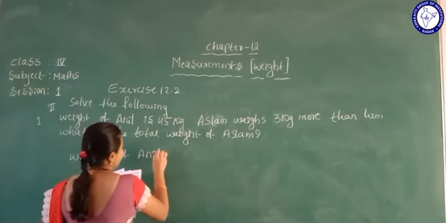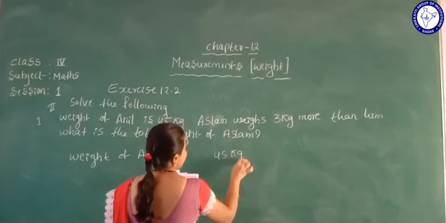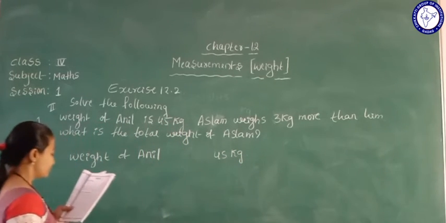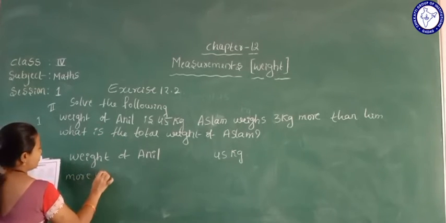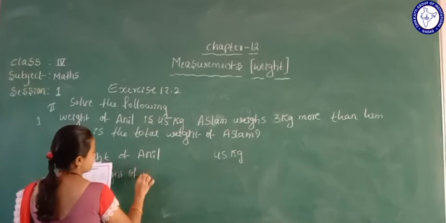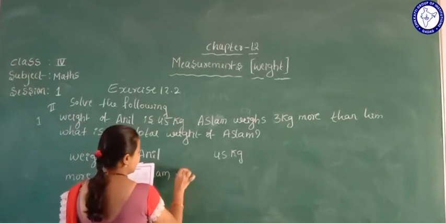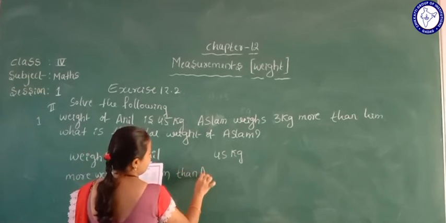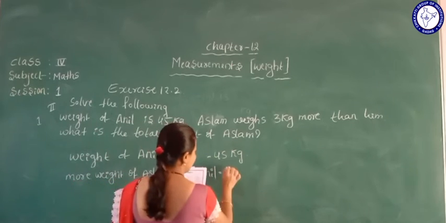How much is the weight of Anil? Anil's weight is 45 kg. Next, the extra weight of Aslam than Anil is how much? So 3 kg.